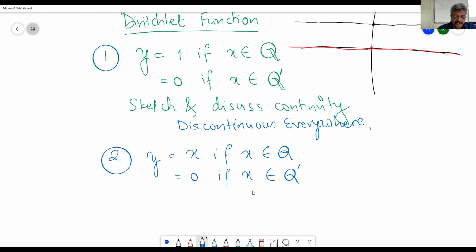Discuss continuity of this function. Sketch and discuss.